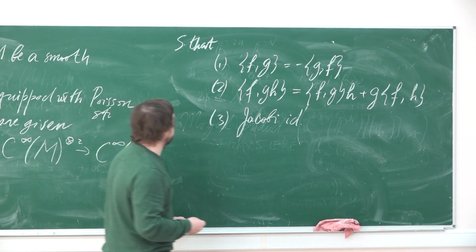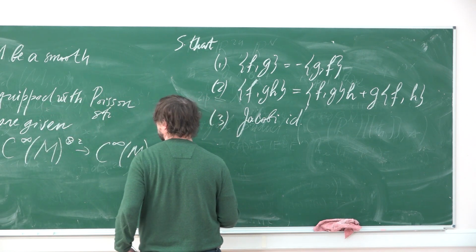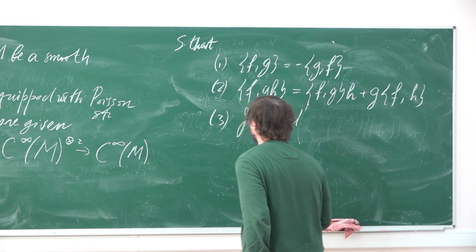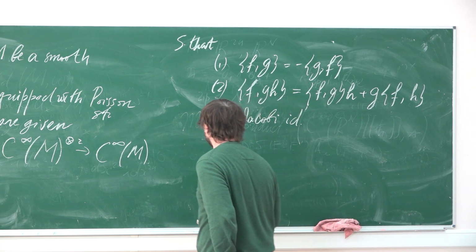Of course, manifolds with Poisson structures give you a natural category of manifolds, right?